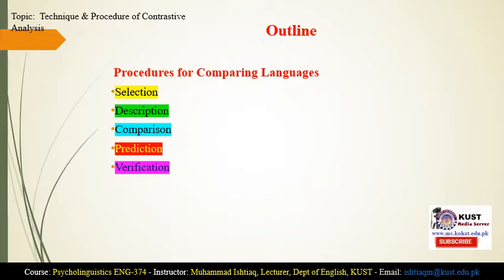At number 4, we make predictions about possible difficulties or errors to be committed by the second language learner.